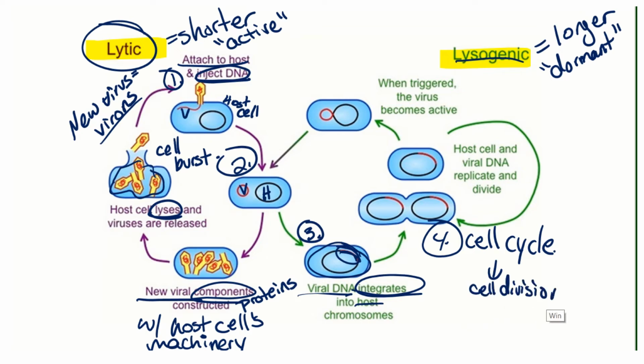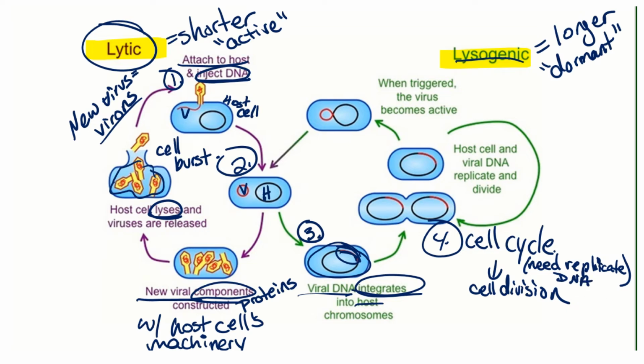And if you remember from our talk about cell cycle and cell division, in order for the cells to divide, to make more cells, they need to replicate DNA.